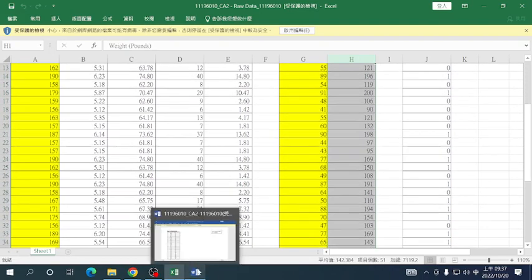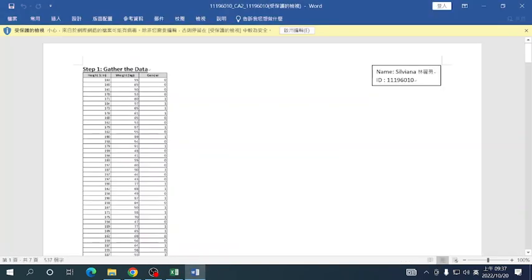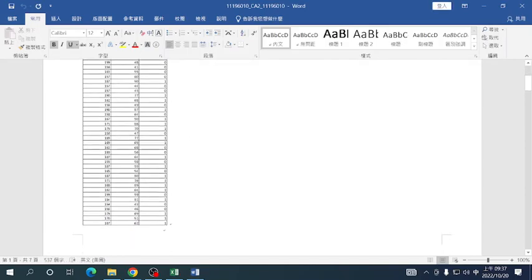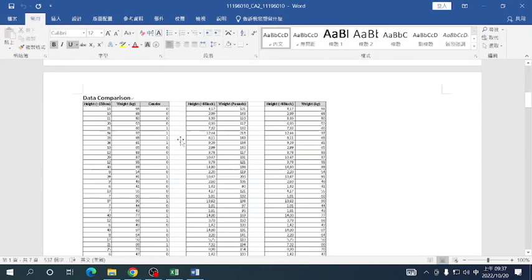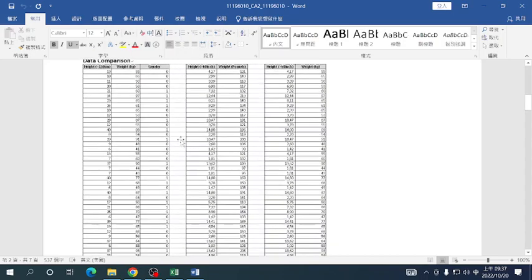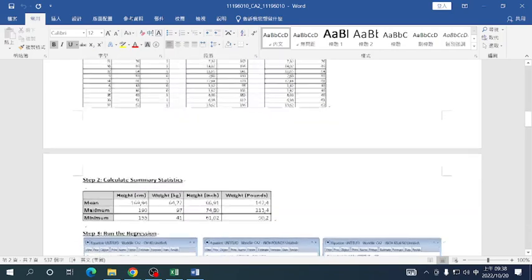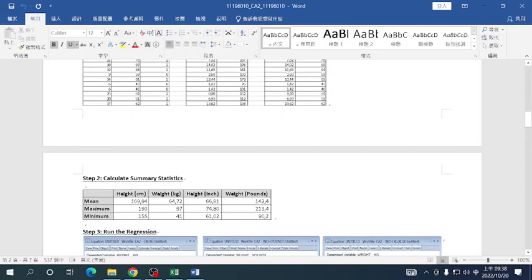I move to, okay, this is the data. And this is the data comparison with the measurement. And step 2 is calculate summary statistics.